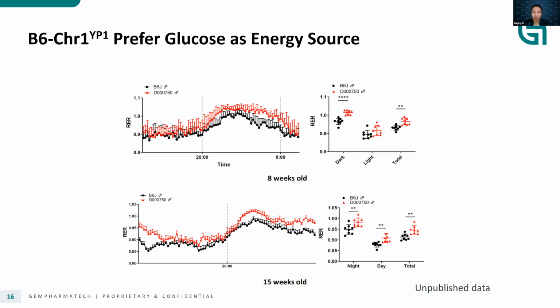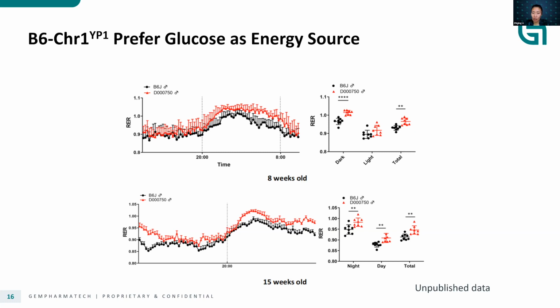Plotting here is the RER, the respiratory exchange rate, which is the indicator of what energy source has been consumed or metabolized after the mice eat their chow diet.